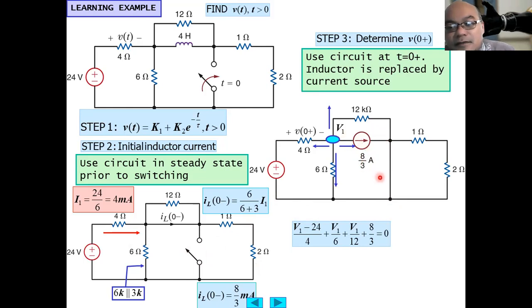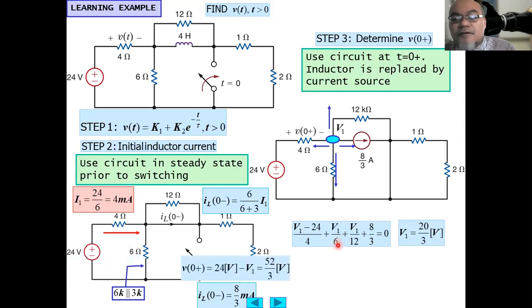Plus 8/3, equals 0. Now it becomes ampere. From this equation, we obtain V1 equals 20/3 volt.